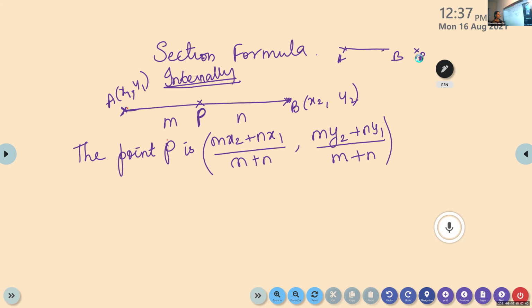So this formula we call the internal point of division. The point P lies on the line segment AB, it lies on the line segment joining A and B internally. That is why we call this the internal point of division.